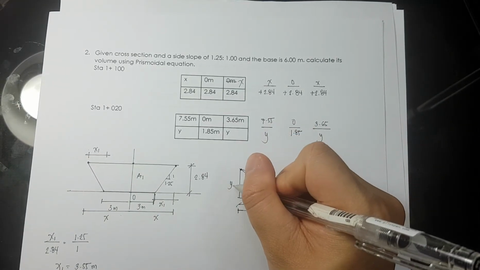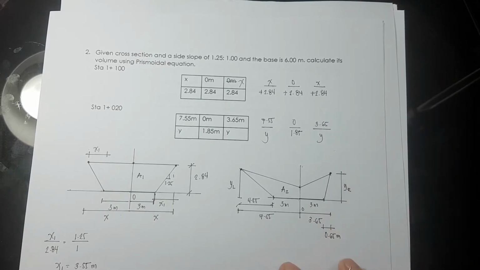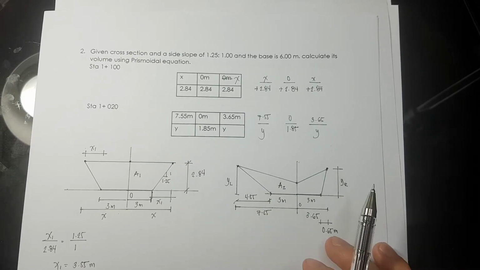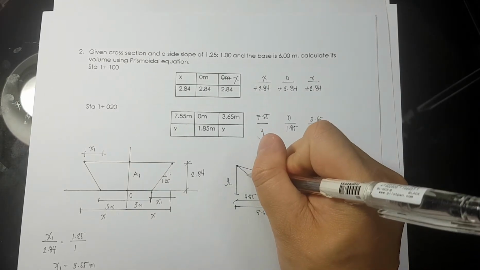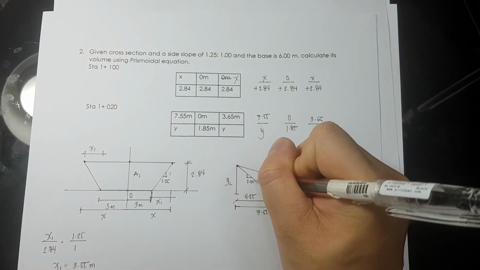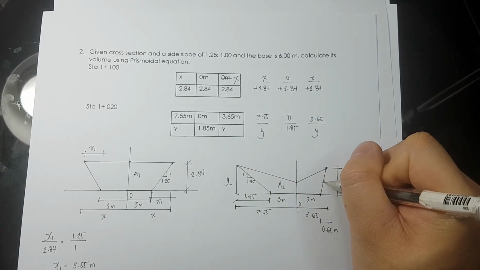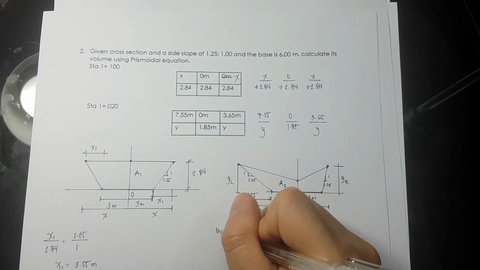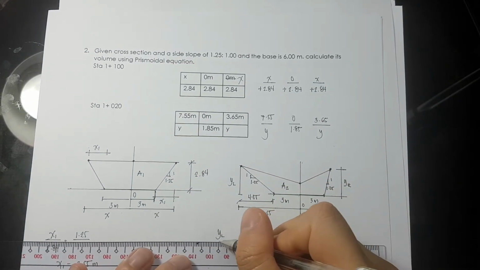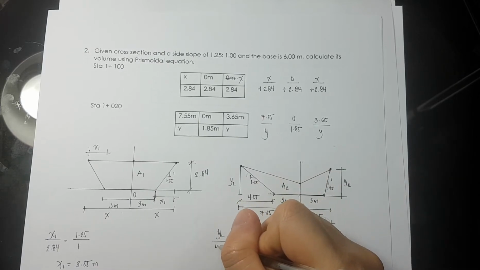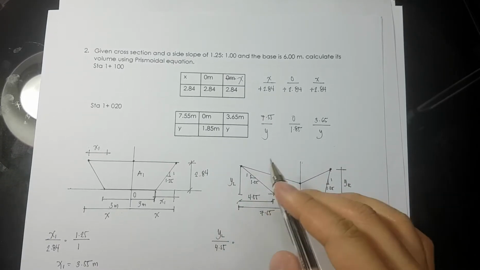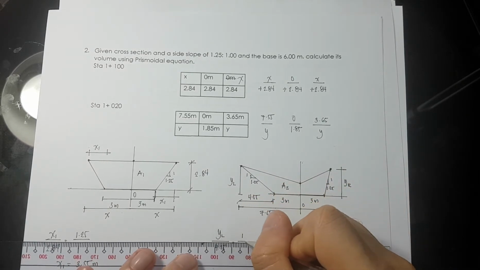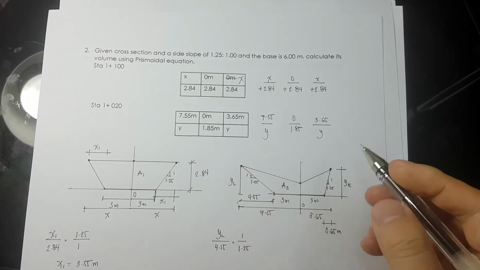Before we can do that, we need first to solve for the height. So we have here, sabihin natin, y left, and we have here y right. Okay? Vertical is to horizontal, and take note, we have our slope. And the slope is 1.25 is to 1. Likewise with this, so we have 1.25 is to 1. Okay? So YL is to 4.55 is equivalent to vertical of 1 over the horizontal of 1.25.